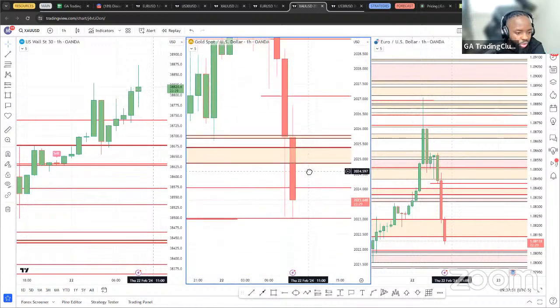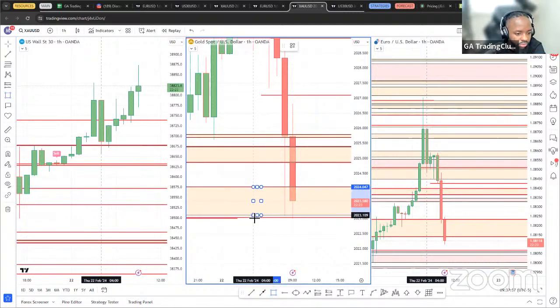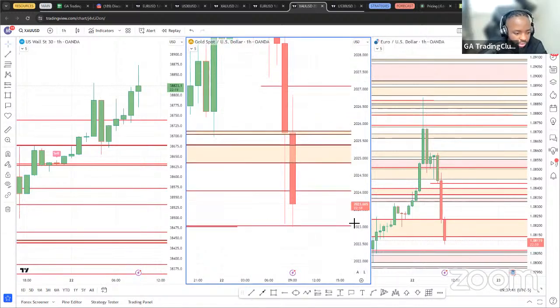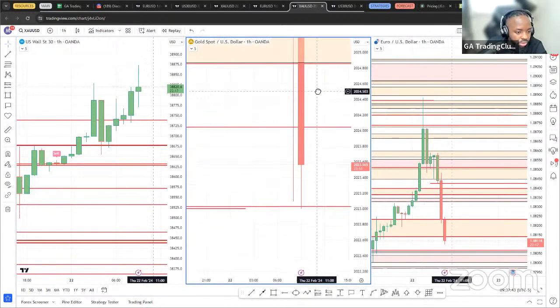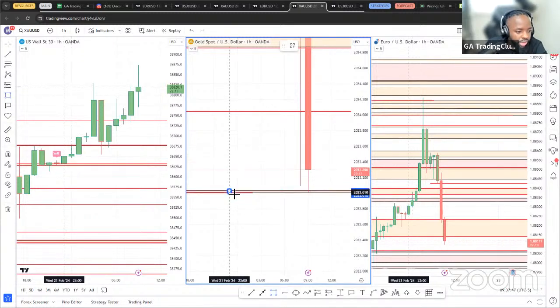Currently no zone around where price is at, 2024.04. This is too big of a zone. So there's a small zone right here. On the hourly time frame, no setups currently.